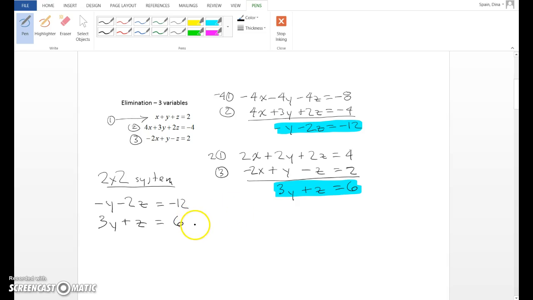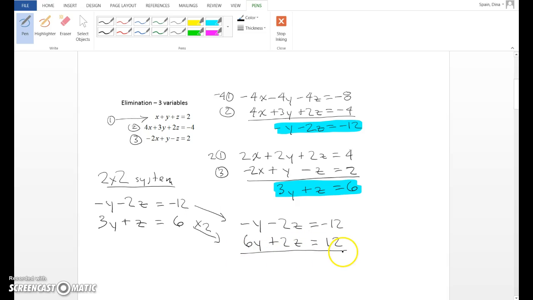So, let's rewrite the first one here, because I'm going to eliminate my z's, so I'll multiply that second one by 2. Minus 2z is equal to negative 12. Let's take that second equation, and I'm going to multiply by 2. Times 2, so this is what I'll get. I get 6y plus 2z is equal to 12.